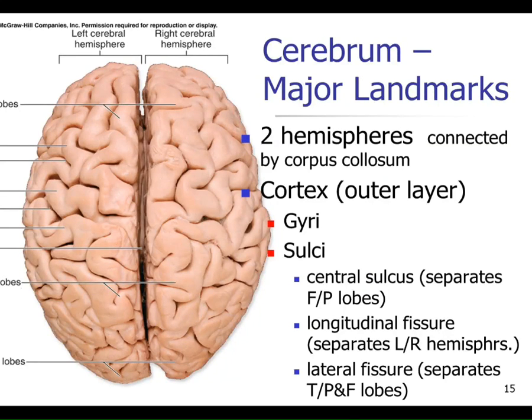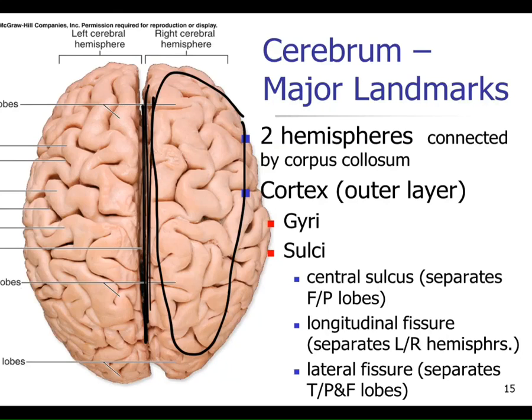So we know that the entire brain, if it's in your palm, we can divide the whole brain up into two hemispheres, left and right, separated by a very deep groove. That deep groove is the longitudinal fissure. It separates the left from the right hemisphere.